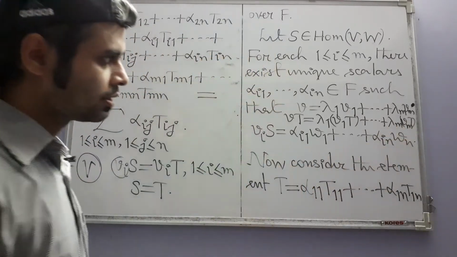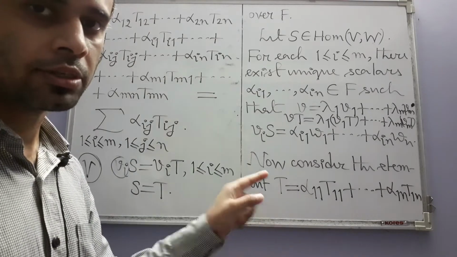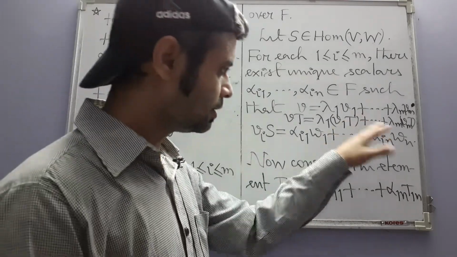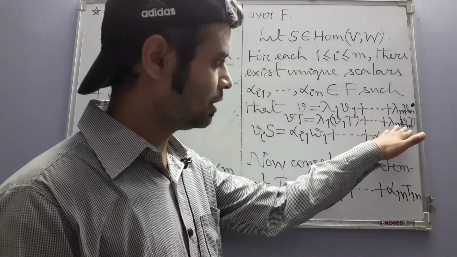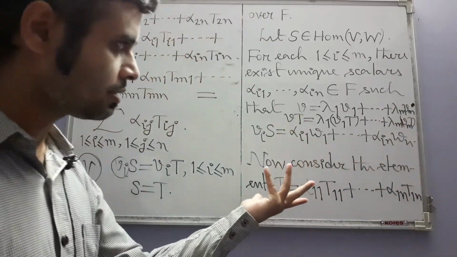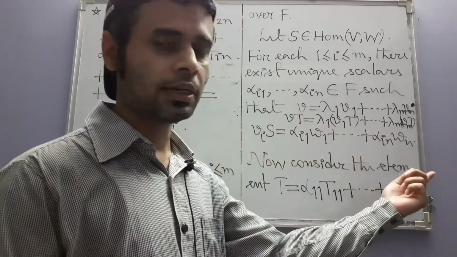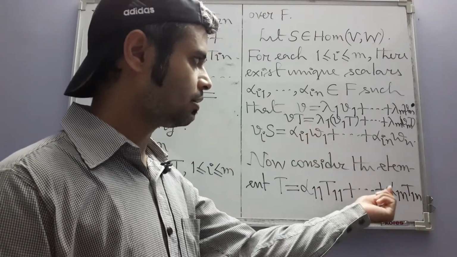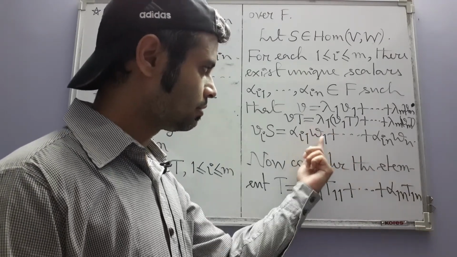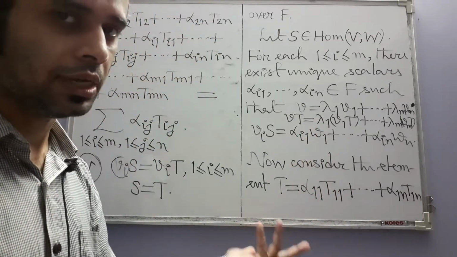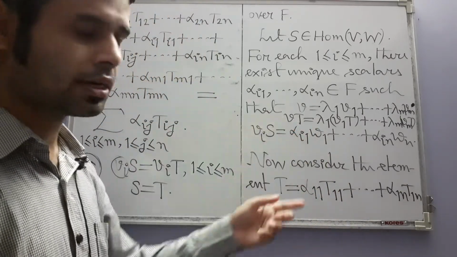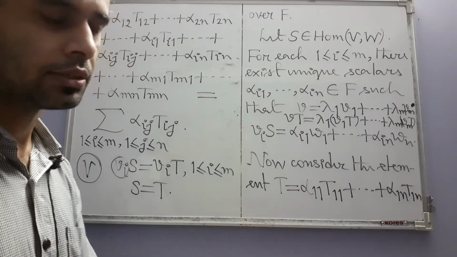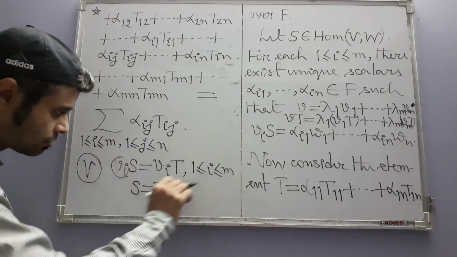So if you show that v1T is equal to v1S, v2T is equal to v2S, all the way up to vmT is equal to vmS, then you have S here in place of T, and then you can go in the other direction, and that will ultimately be equal to vS. So you will end up proving that vT is equal to vS. That's why it's enough to show just this.